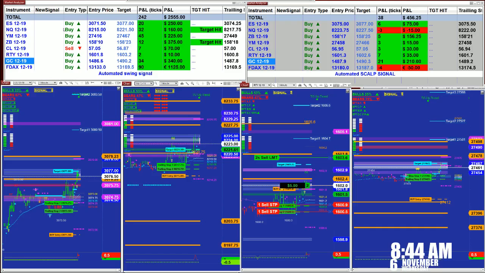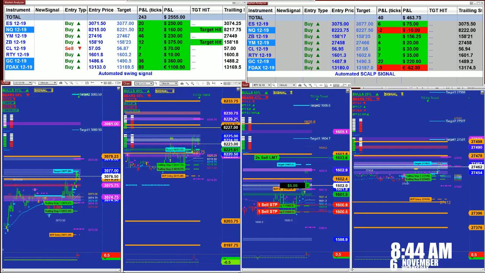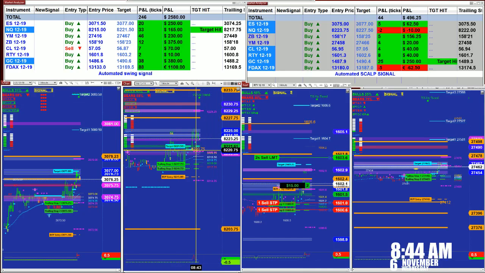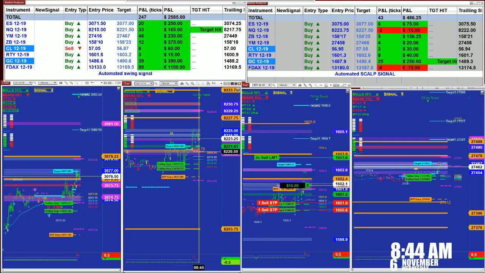As you see here, the Nasdaq hit the target, 32 ticks. And now we are taking a little pullback because of the resistance after the target hit. It is going back to 8207.50. It's the same number we were having a problem with yesterday.